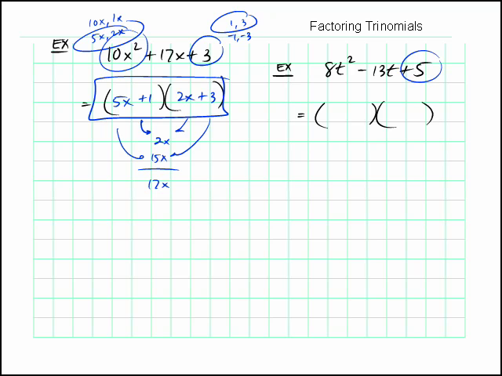All right, positive 5. I could factor that as 1 times 5, or negative 1 times a negative 5. The front term, 8t squared. It could be 8t times 1t, or it could be 4t times 2t.